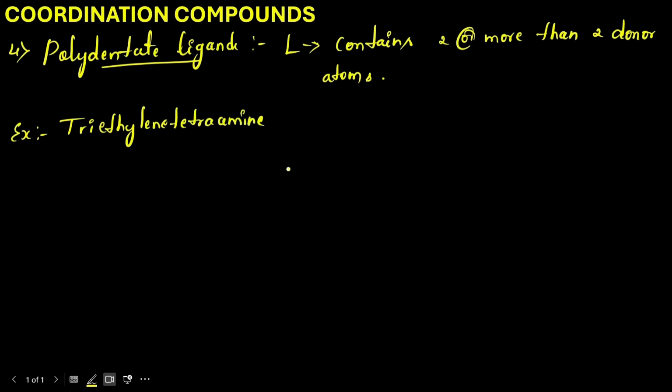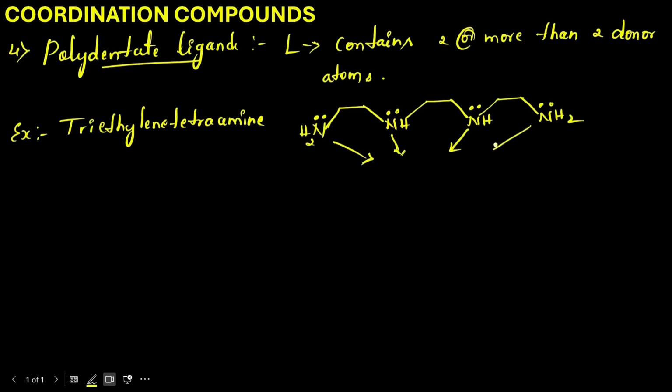If you write the structure, that is NH2, single bond CH2 CH2, and then NH, again CH2 CH2, NH, again CH2 CH2, NH2. How many donor atoms are there here? 4 donor atoms. Here nitrogen has a lone pair of electrons, here also, here also, and here also. Therefore, all the 4 nitrogen atoms will donate a lone pair to the metal atom. Here 4 donor atoms are there, which is also an example for a tetradentate ligand.